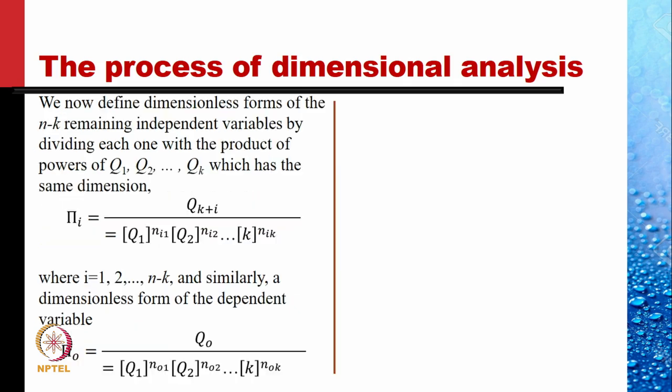So, the next step is defining dimensionless forms of the n minus k remaining independent variables by dividing each one by the product of the powers of q1, q2, qk, which has the same dimension. So qi is q k plus i divided by the powers of qk, which was q1 raised to power ni1, q2 raised to power ni2, and qk raised to power nik.